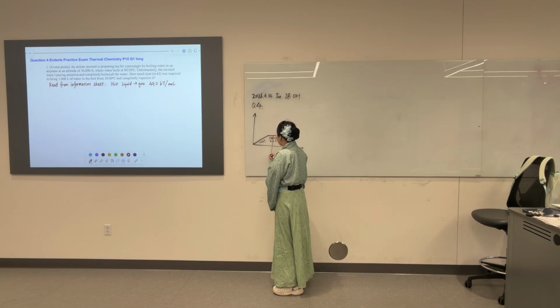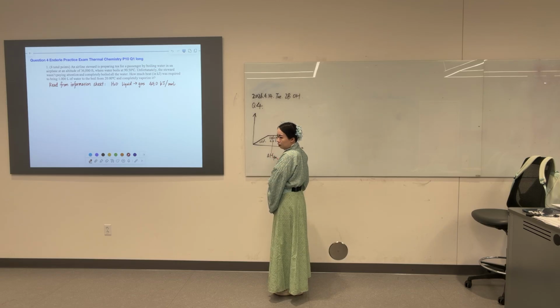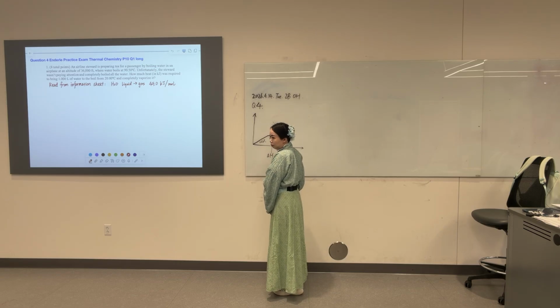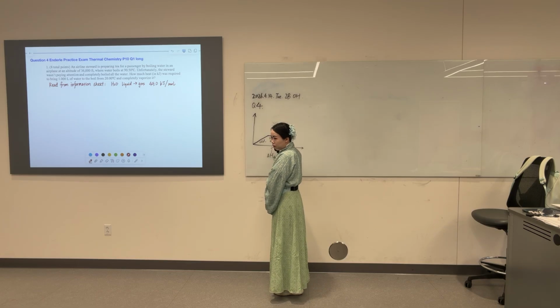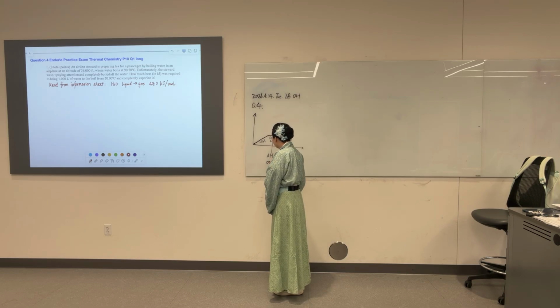This is what we call delta H for fusion. This is what your current lab is doing, the coffee cup. You throw ice into water. If you measure, as long as you have ice in water, they're always going to stay at 0 Celsius. There's no temperature change, but there is still energy being transferred.